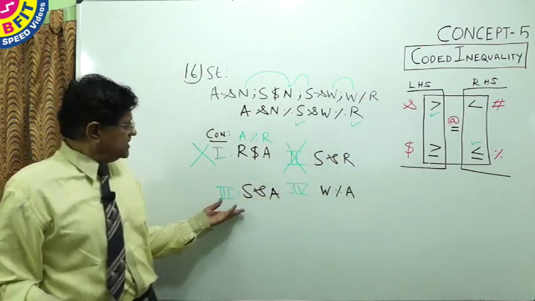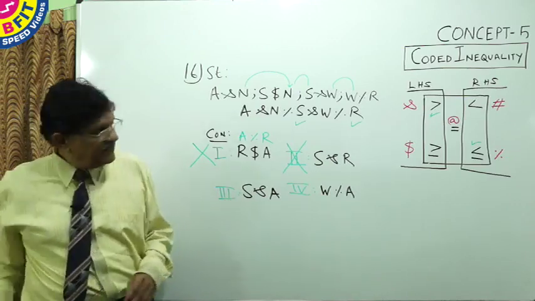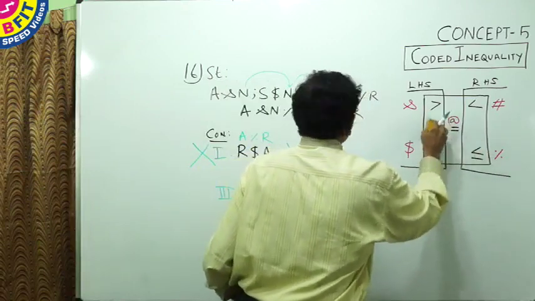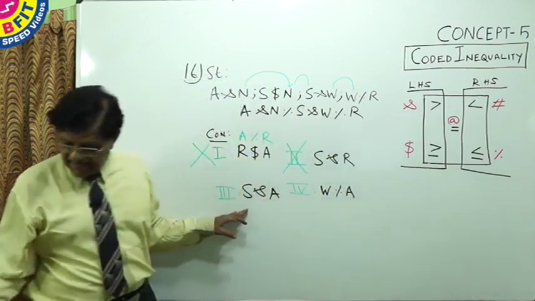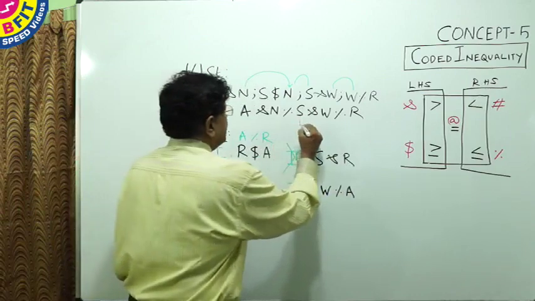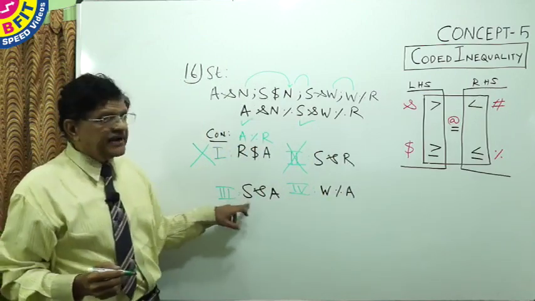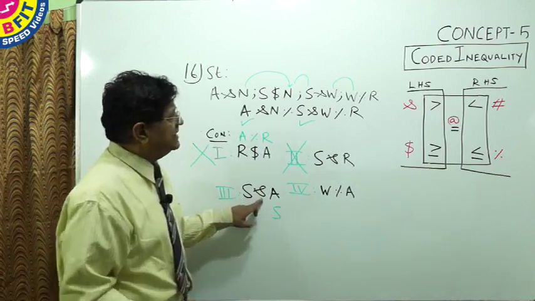Let us go to conclusion 3. Before that we will remove the old markings. S and A. Where are the elements S and A? S is here, A is here. Now it is not in sync. So this has to be rewritten as A, S. Ampersand is here.